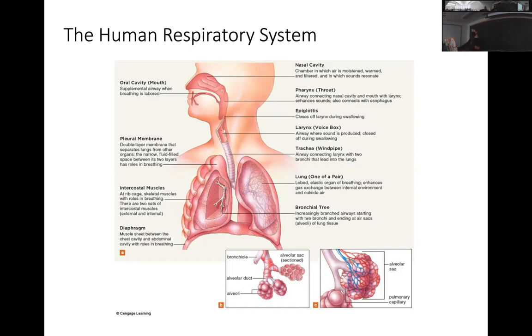Okay, so we went down the trachea. Now we are kind of into the lungs. Okay, there's one pair of lungs. So we have one lung or two lungs. They are a lobed elastic organ of breathing, and it enhances gas exchange between the internal environment and the outside air.